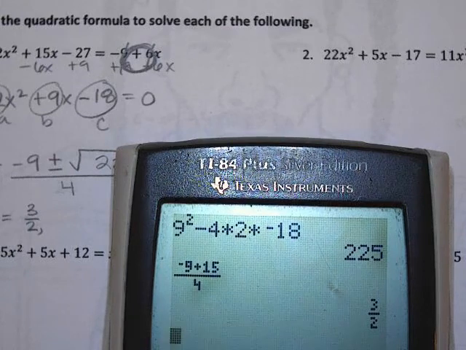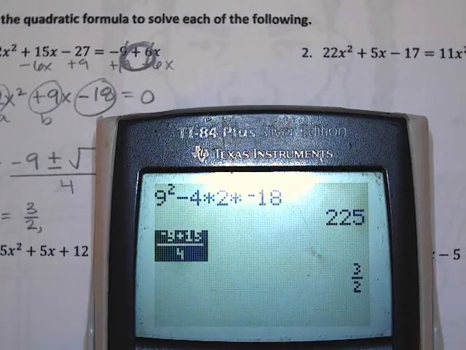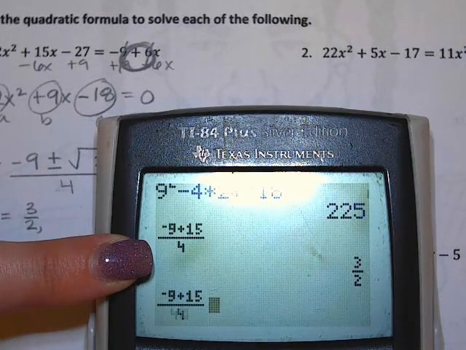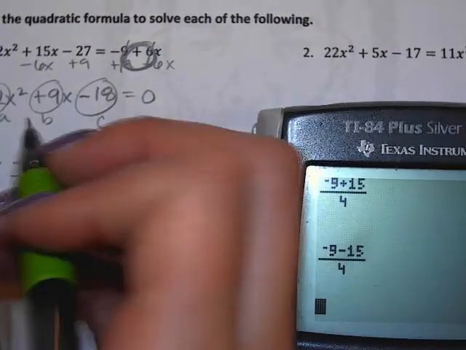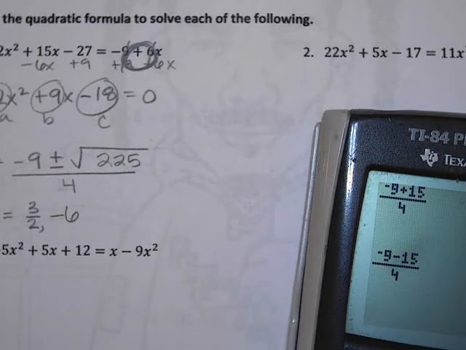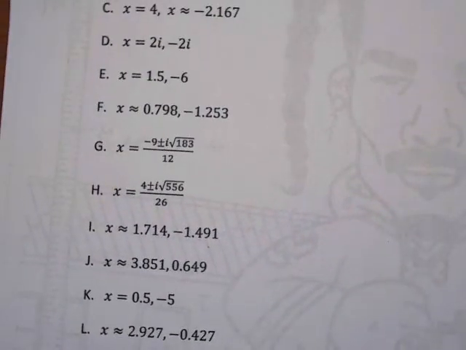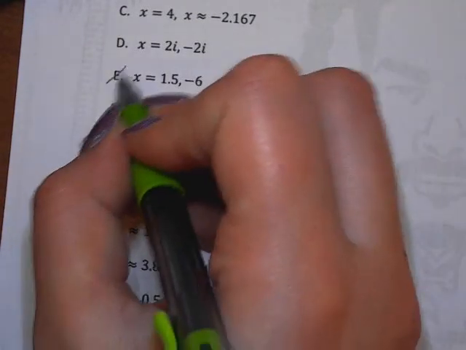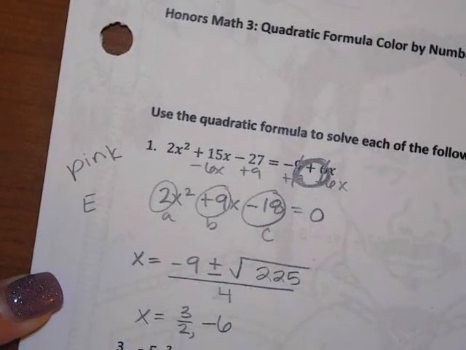I'm going to go up and highlight it and press equals, bring it back down, change it to a minus. -6. Okay. And then I'm going to look at the back page and look for those answers. 3/2, -6. E. Okay. So number 1 goes with E.